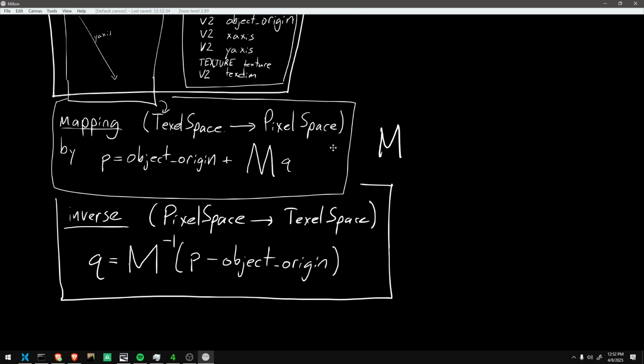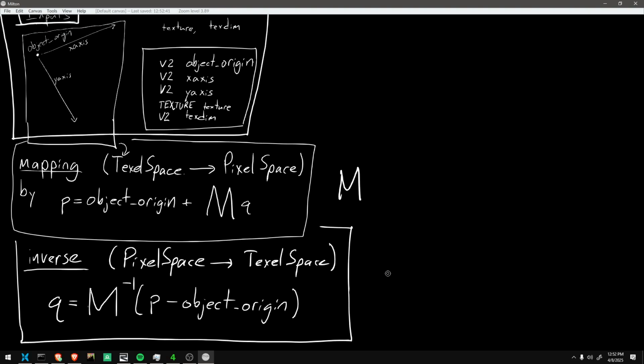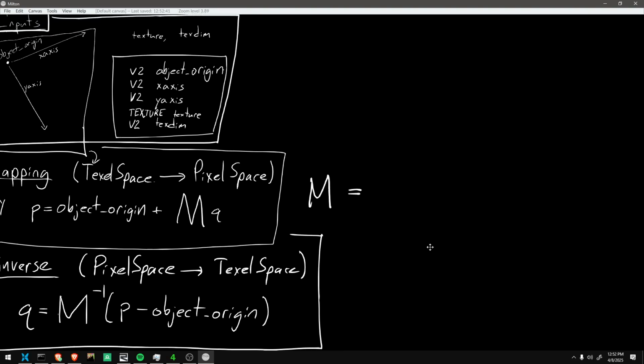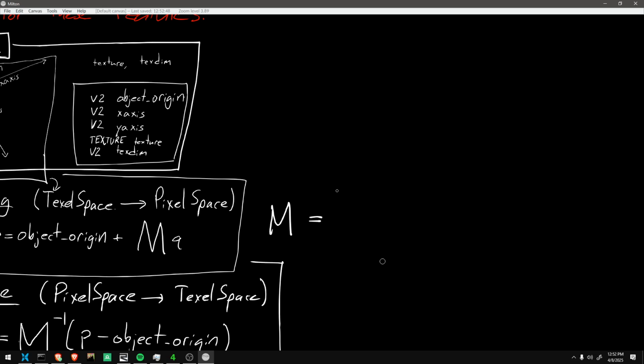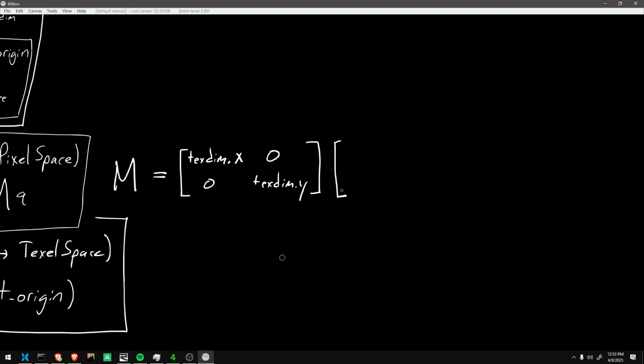I skipped that part before, but we can set it up so that M will equal textdim.x, 0, 0, textdim.y, times the x-axis, y-axis matrix.